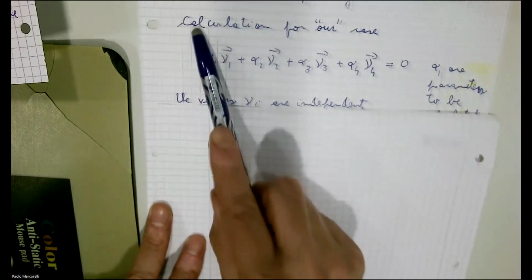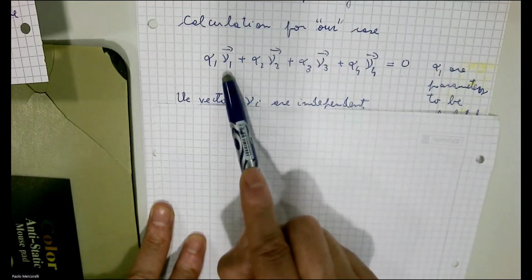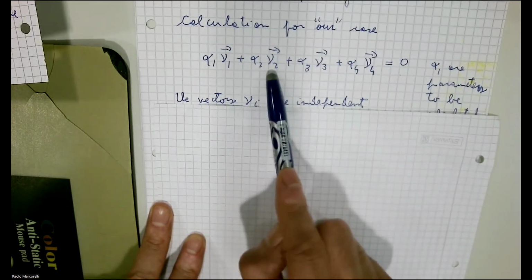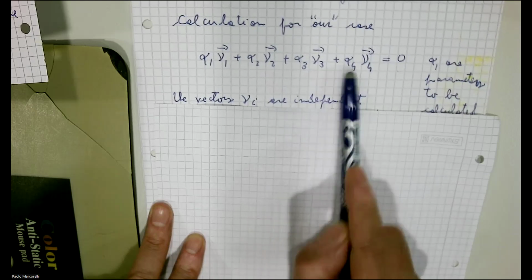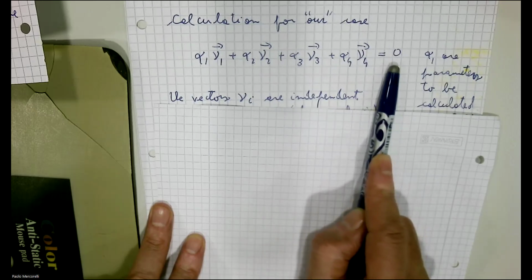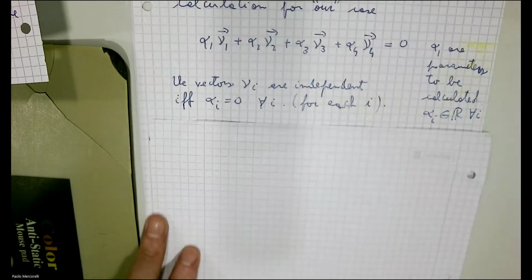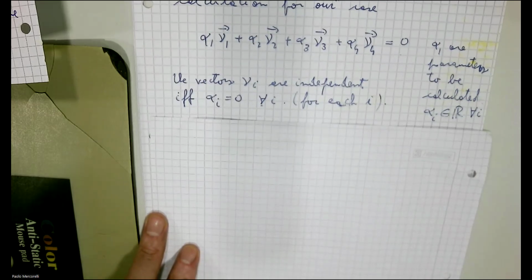Look at this. Calculation in our case: alpha 1 multiplied by V1 plus alpha 2 multiplied by V2 plus alpha 3 multiplied by V3 plus alpha 4 multiplied by V4 equals 0. Let me consider again A not 0. It's not written here, but we have to say it.